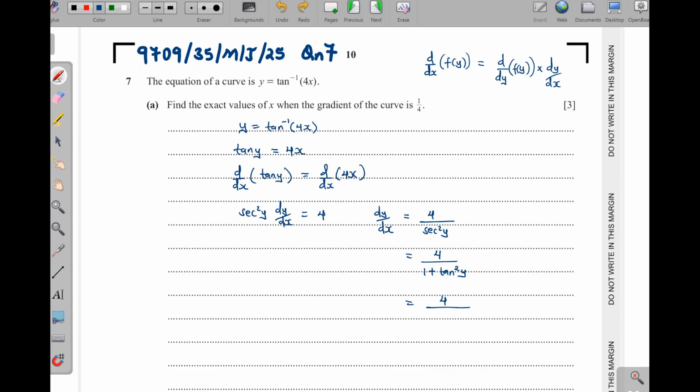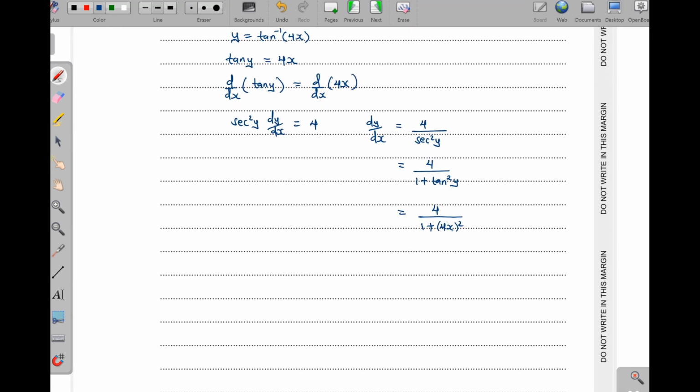So from here, I can have 4 out of, okay, the tan of y, we see it here as 4x. So when I substitute here, then I will square it, not so. 1 plus 4x, then squared. And this one will be 4 out of 1 plus 16x squared.